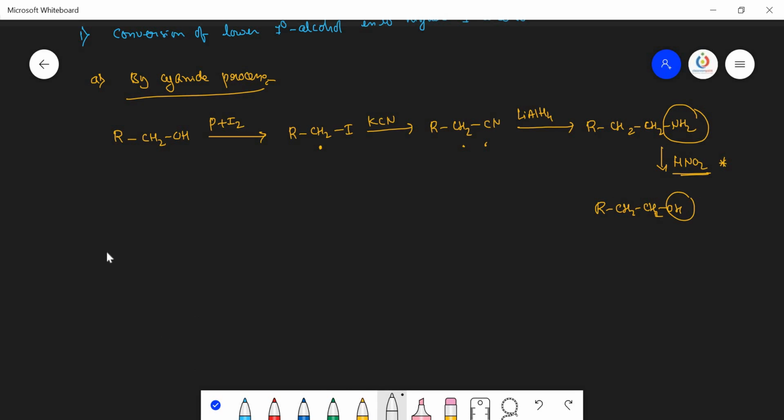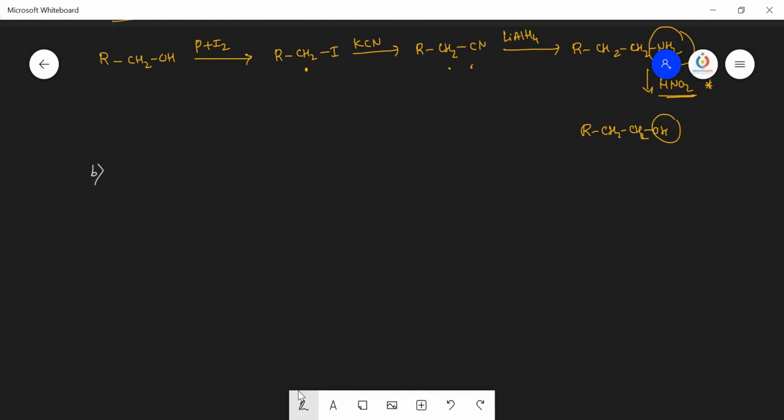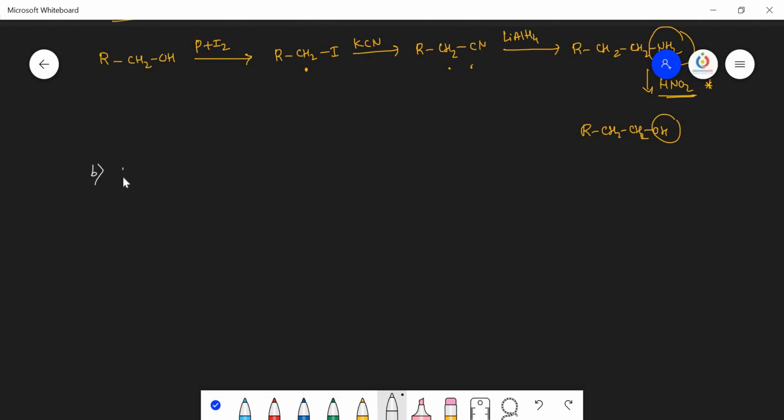Now let us take another one, B, synthesis by Grignard reagent.